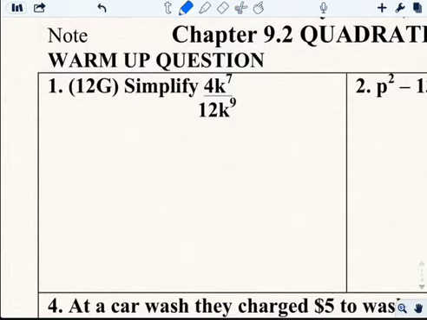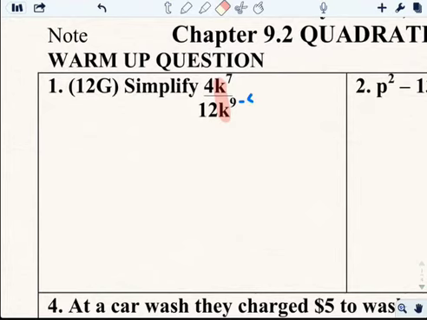When the bases are the same, when you're dividing with exponents, notice the bases are the same, they're both k's. When that occurs, you just move your exponent, that's the lowest, down to the highest exponent and subtract.